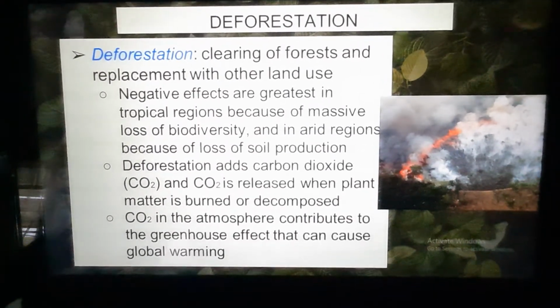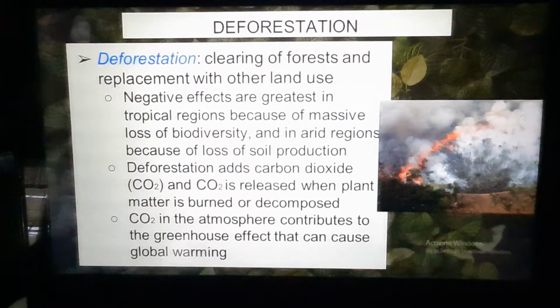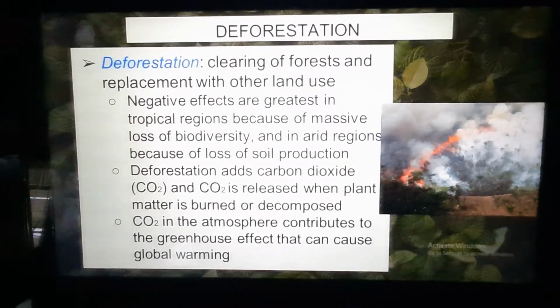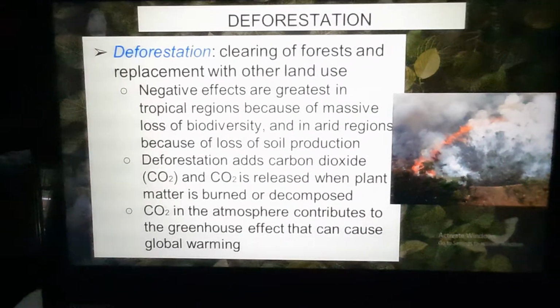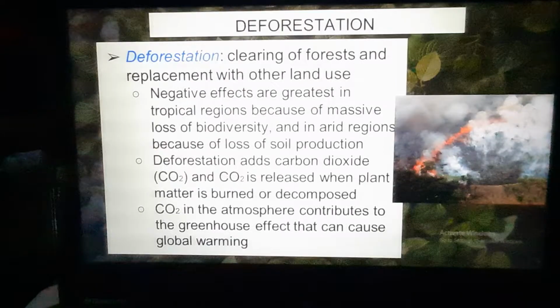So getting rid of the forest is really damaging to the atmosphere because of the carbon dioxide that is released, and then that is not able to be filtered and turned back into oxygen.